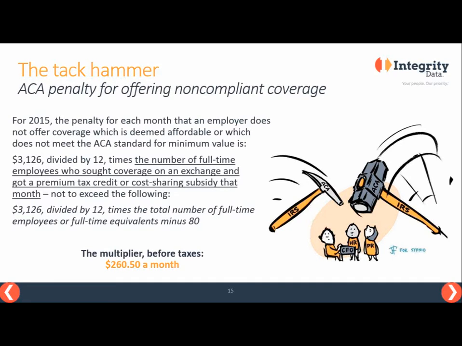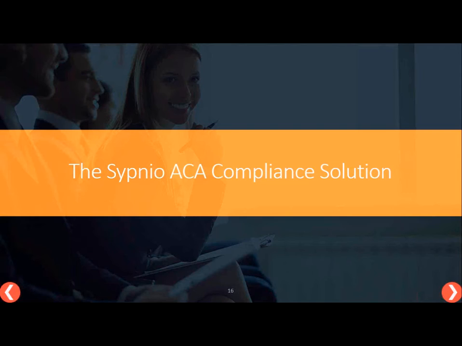So unlike the sledgehammer, where you're assessed a penalty on all eligible employees, this would only be applicable to those employees that actually went on exchange and got a subsidy or tax credit. And again, you have an 80 exemption this year, and going forward it's 30.